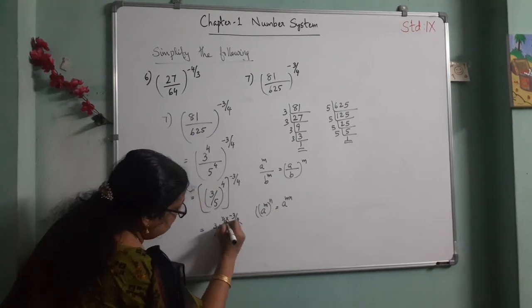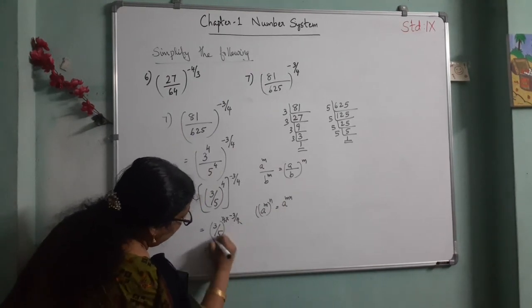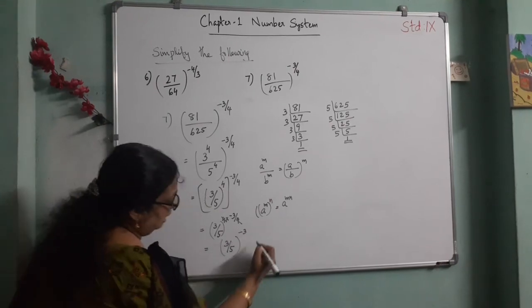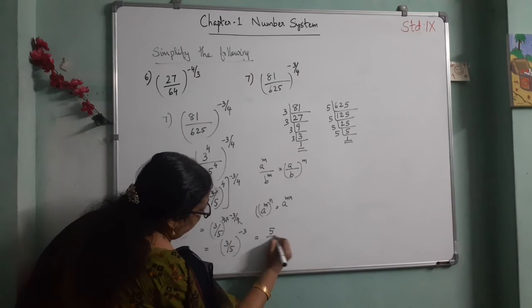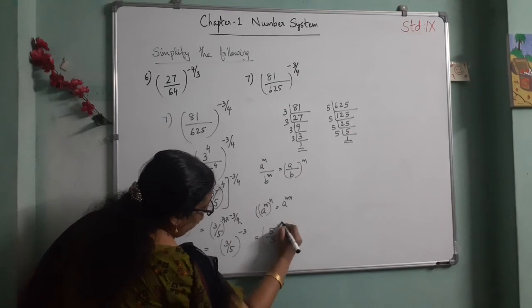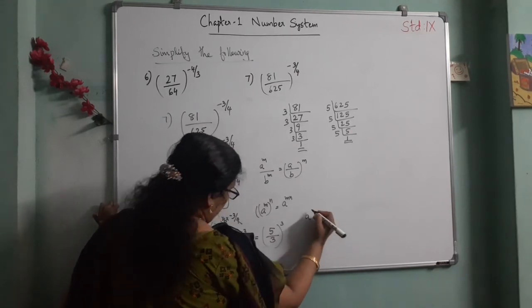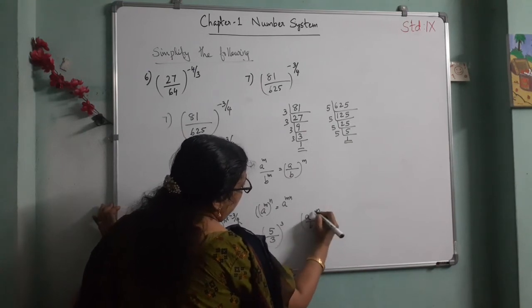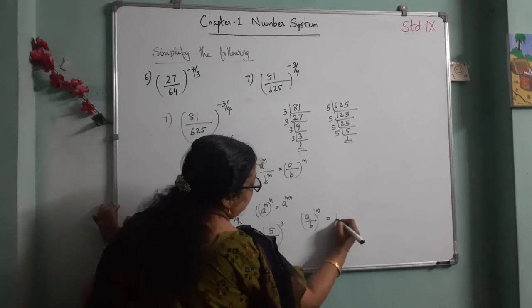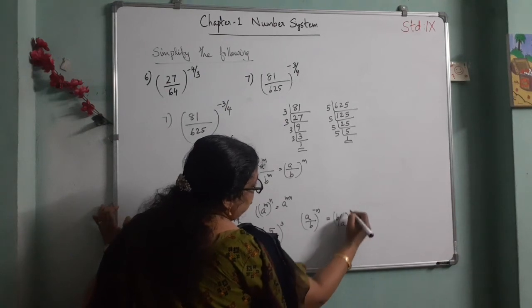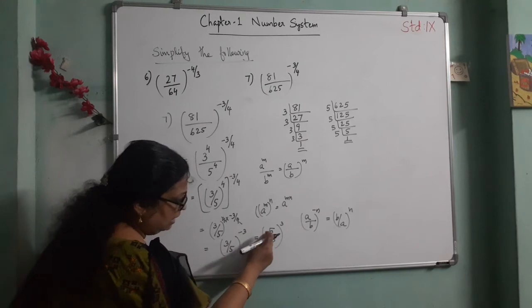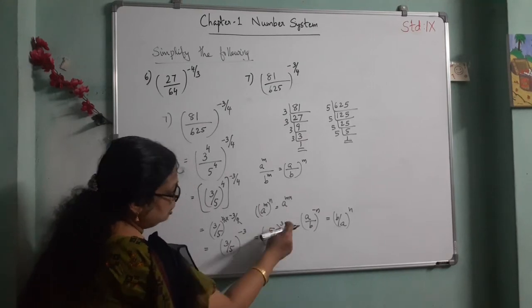So this 4 cancels. So (3/5) the whole raised to minus 3 can be written as (5/3) the whole cube. That is (a/b) the whole raised to minus n can be written as (b/a) the whole raised to n. So (3/5) raised to minus 3 can be written as (5/3) raised to 3.